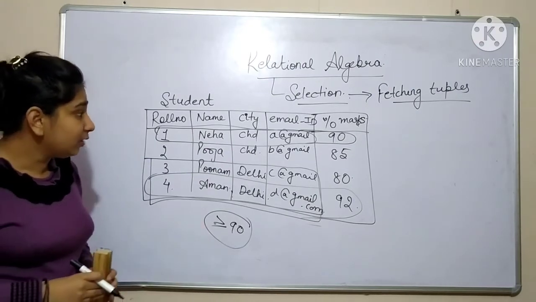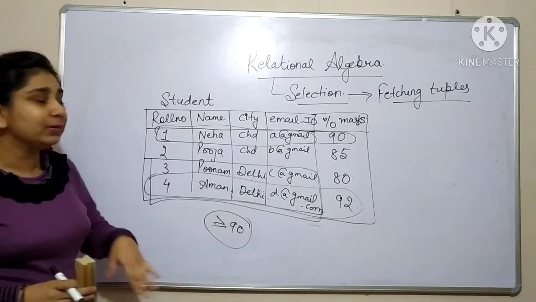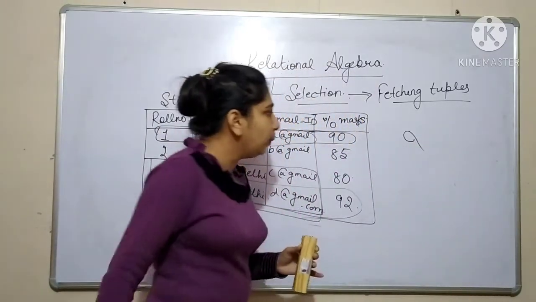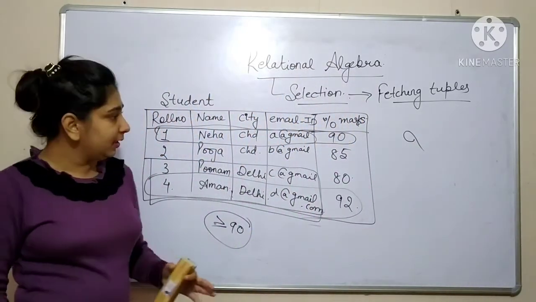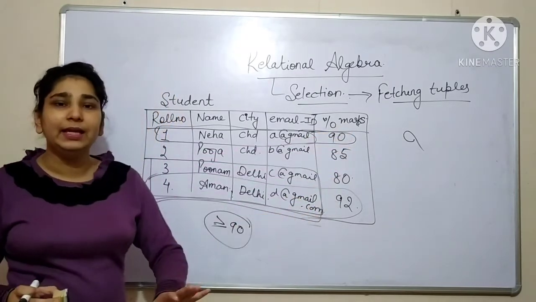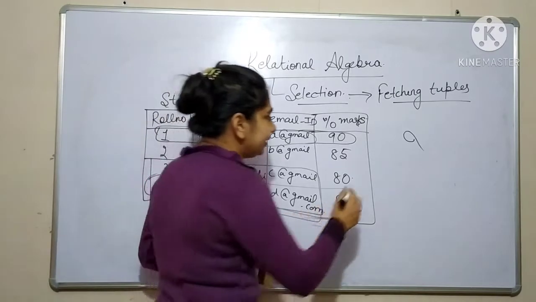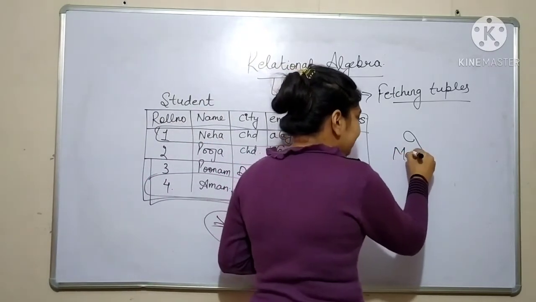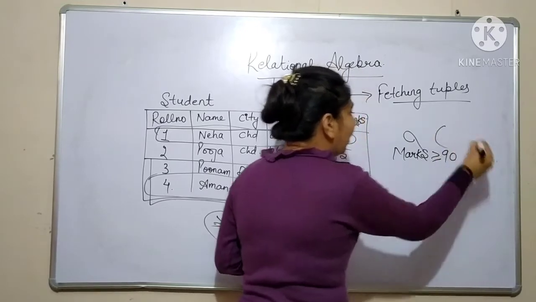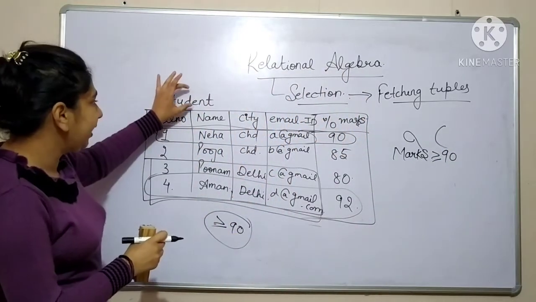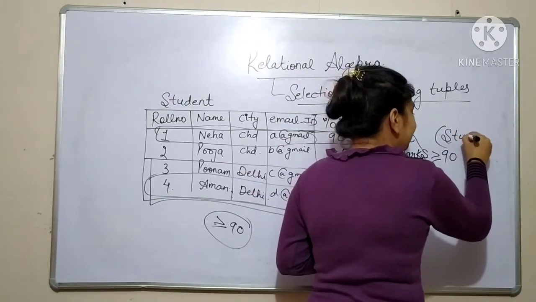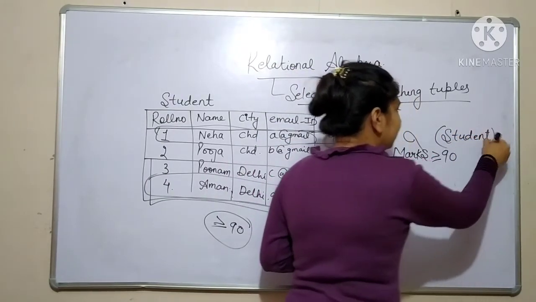So how does this operation work? Let's suppose I want to fetch all of the students whose marks is greater than or equal to 90, and my relation name, the table name, is student.